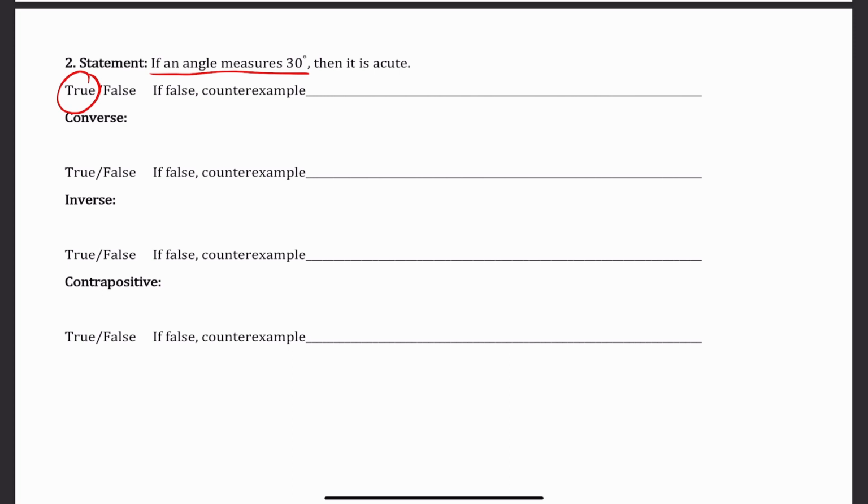Now the converse would be if Q, then P. To write that, I would say, if an angle is acute, then its measure is 30 degrees.